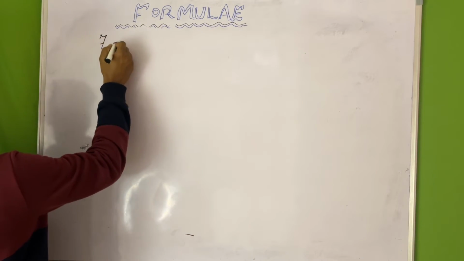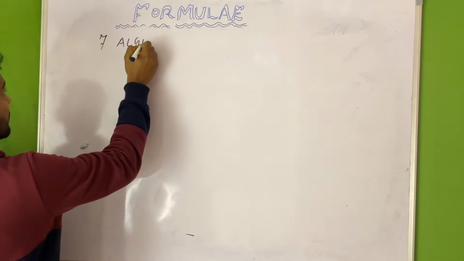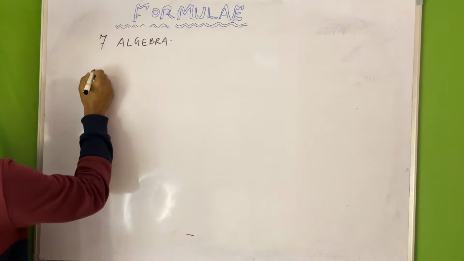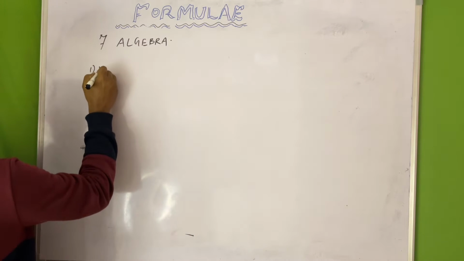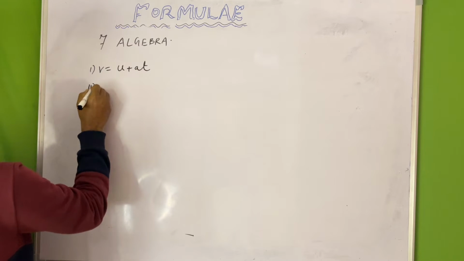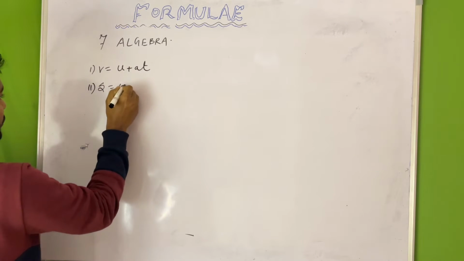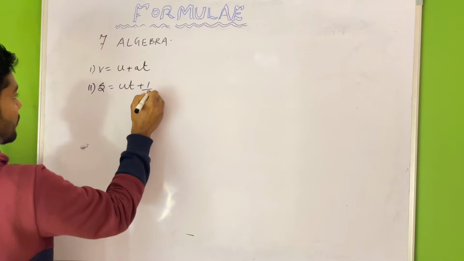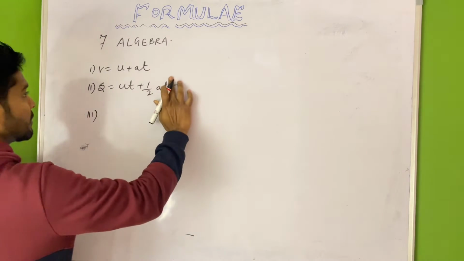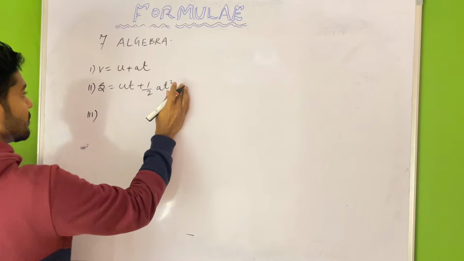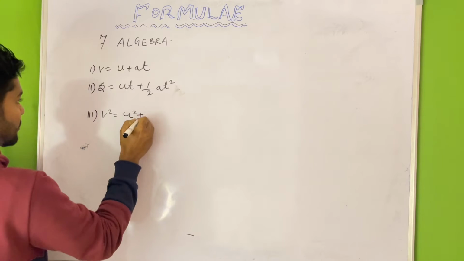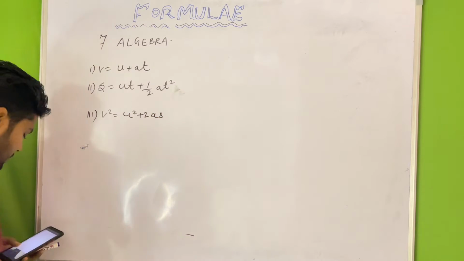Now we have seventh part, algebra. First is v equals u plus at. Second is s equals ut plus half of at square. Third is v square equals u square plus 2as.